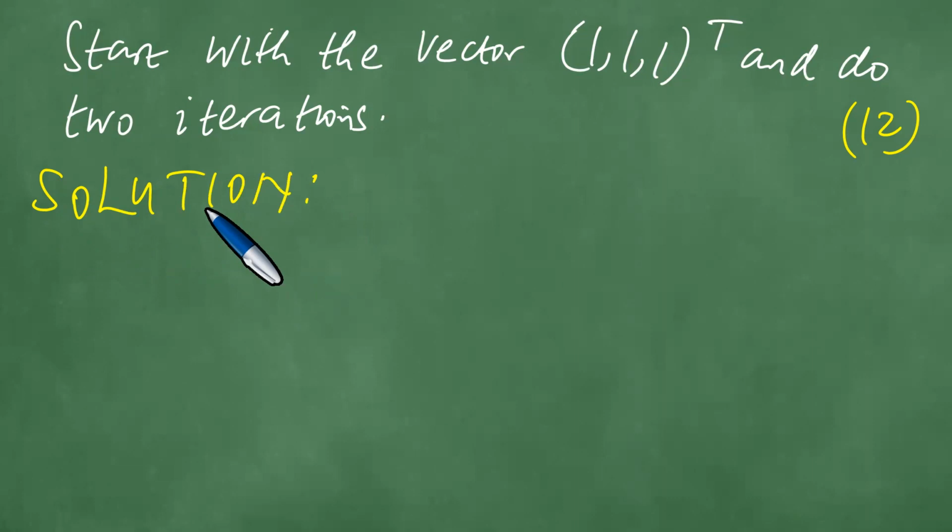Right, so we know that this power method, the word power suggests more authority and it suggests dominance.